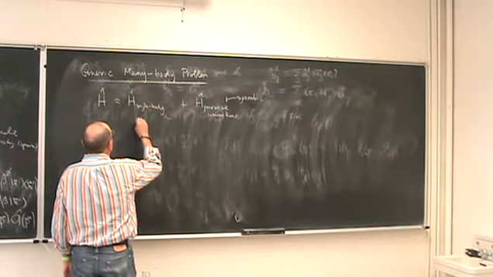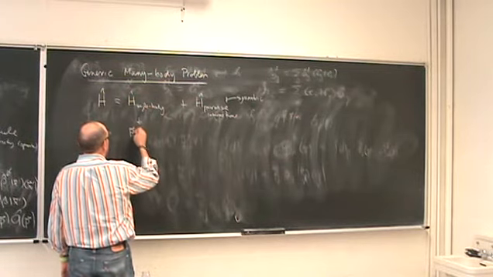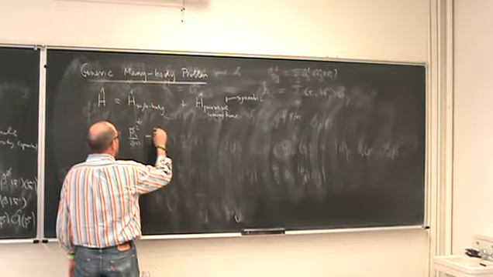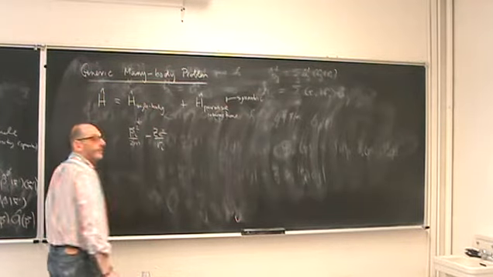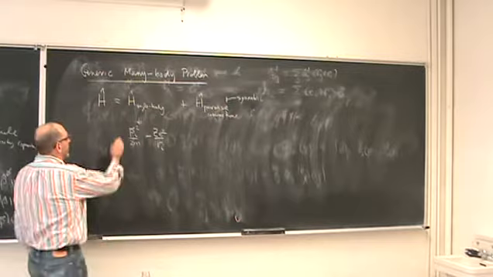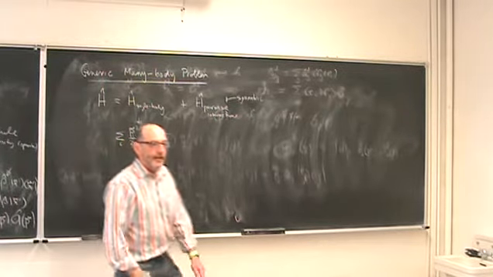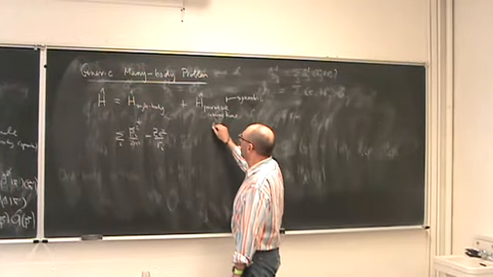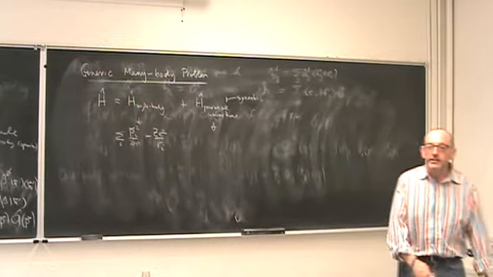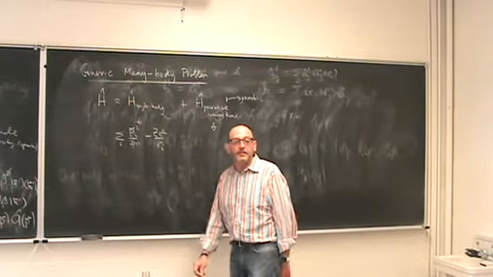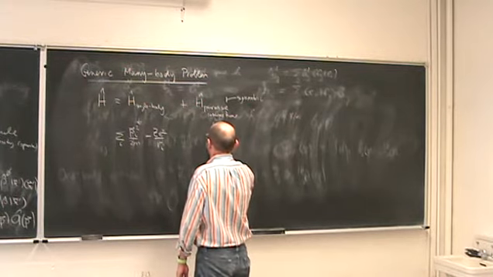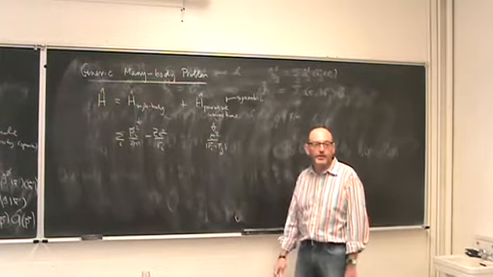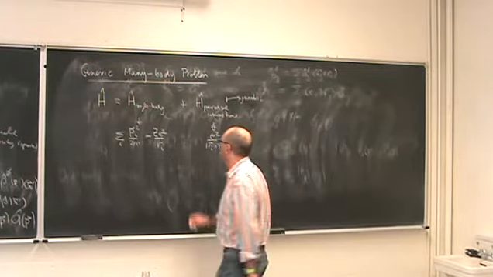I have the kinetic energy of some electron, the ith electron, and its attraction to the nucleus, right? And then I have that for all of them. And then this would represent the Coulomb interaction that is repulsive between the two electrons. And it's a symmetric form. It doesn't matter, split i and j, it's symmetric under that exchange. Okay?